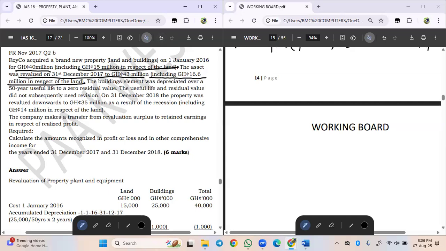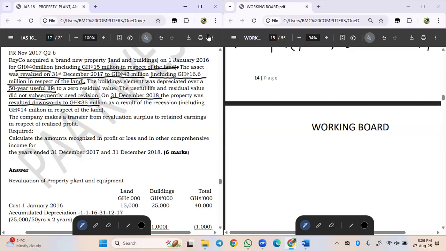The building element was depreciated over a 50-year useful life to a zero residual value. The useful life and residual value did not subsequently need revision. On 31st December 2018, the property was revalued downwards to 35 million Ghana cedis as a result of the recession, including 10 million Ghana cedis in respect of the land.